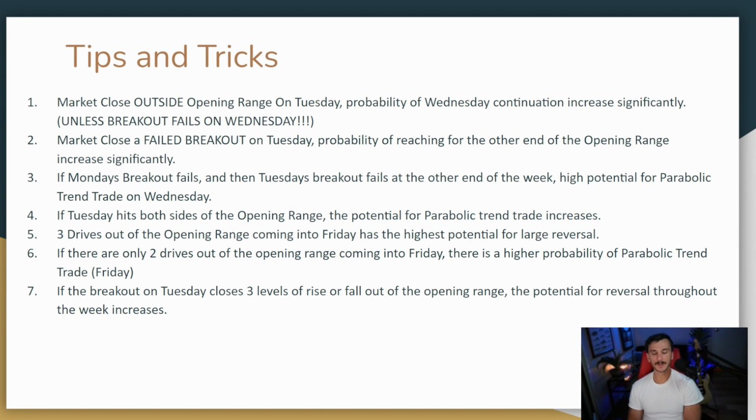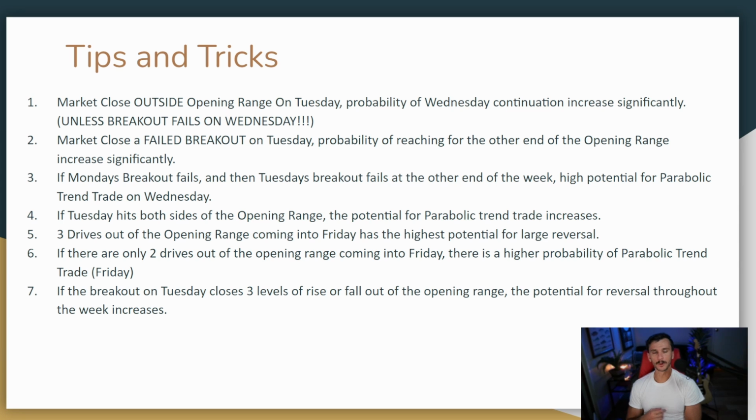We could do a range expansion of the opening range and do 3 levels of rise. Now, here is where there's kind of an if this, then this kind of scenario. One, market structure is going to help you to frame Wednesday with these opening range breakouts. But if Wednesday were to fail, there's another scenario. And I'm going to show you some examples of that as well.